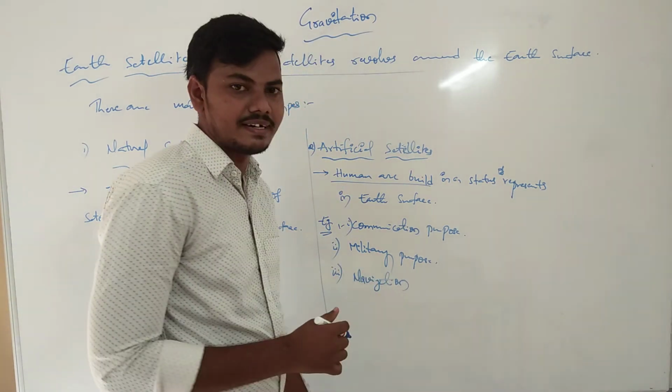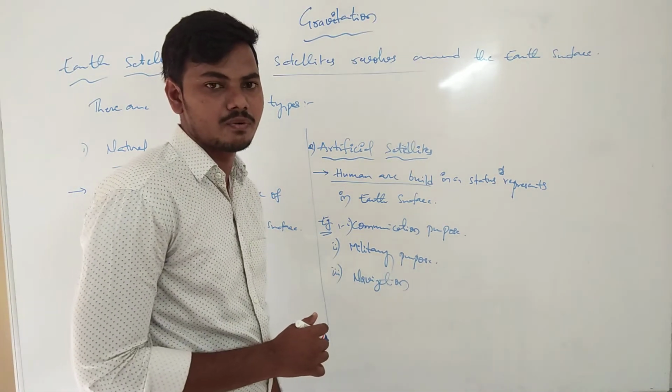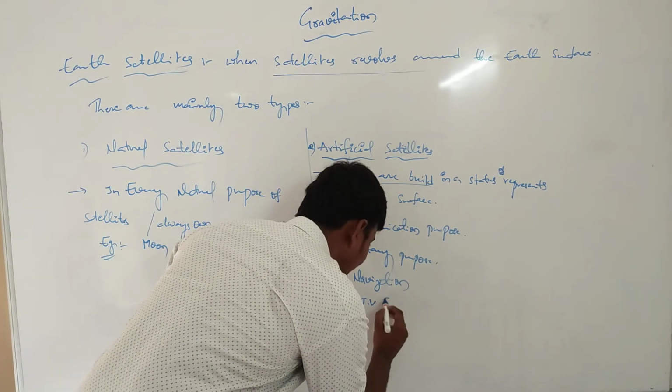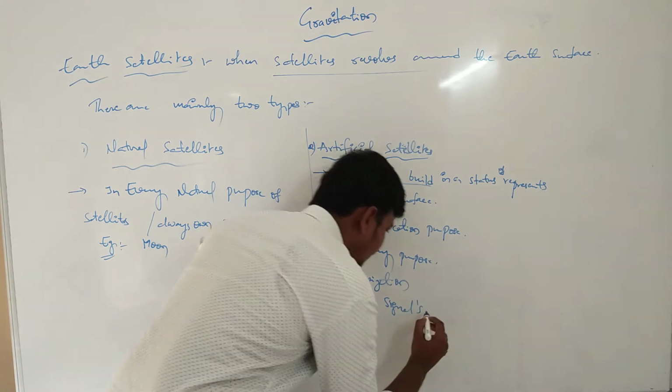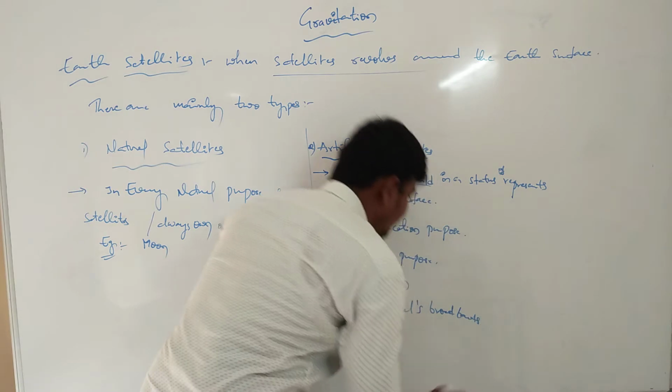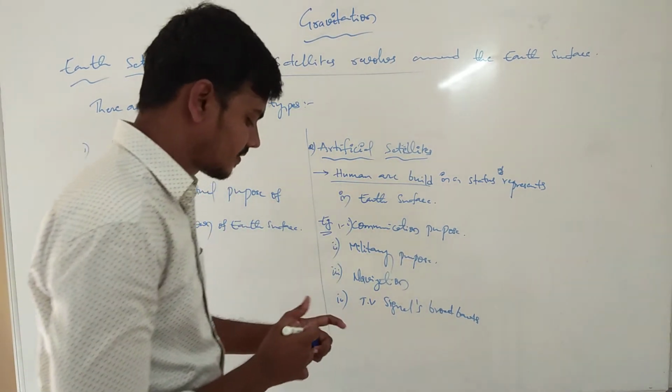And the next one is TV signals and broadband. These are all artificial satellites.